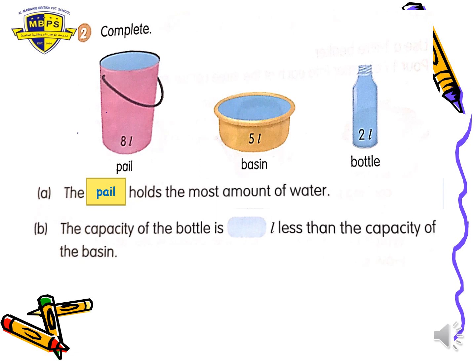If I compare between the bottle and the basin, so I have to find the difference between them. To compare means to subtract and use minus. So 5 minus 2 equal 3. So the capacity of the bottle is 3 liters less than the capacity of the basin.